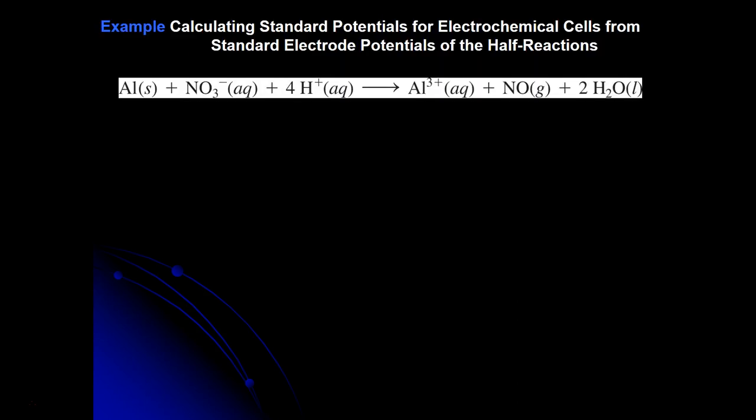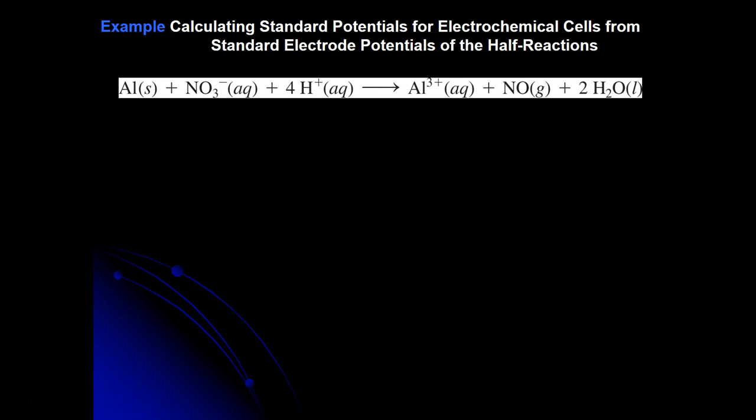Let's take a look at an example. This reaction shown here. We've got solid aluminum, nitrate, and we've got some H+. So it looks like maybe we've put some aluminum in nitric acid. What do we get out?